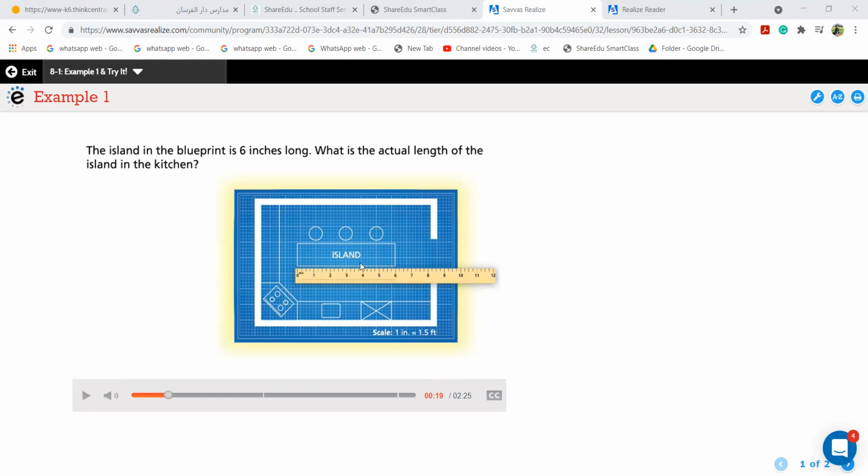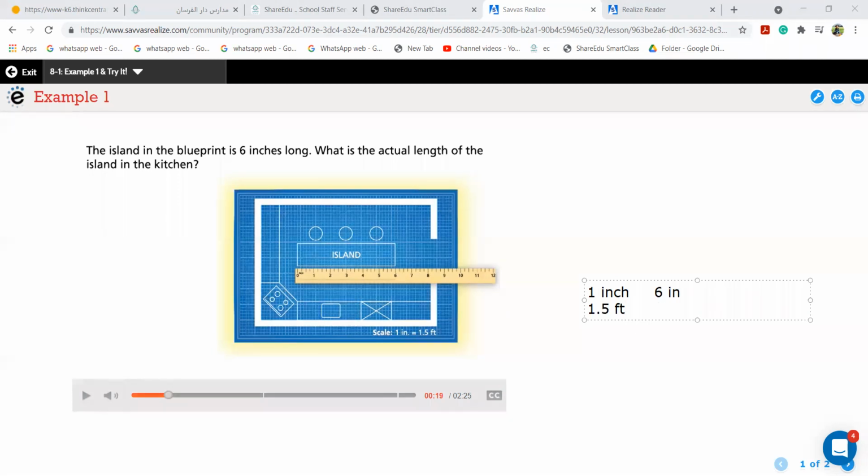So every 1 inch means 1.5 feet. So 6 inches. Again, proportions you have to do. Remember, if 1 inch is 1.5 feet, so 6 inches, how much?